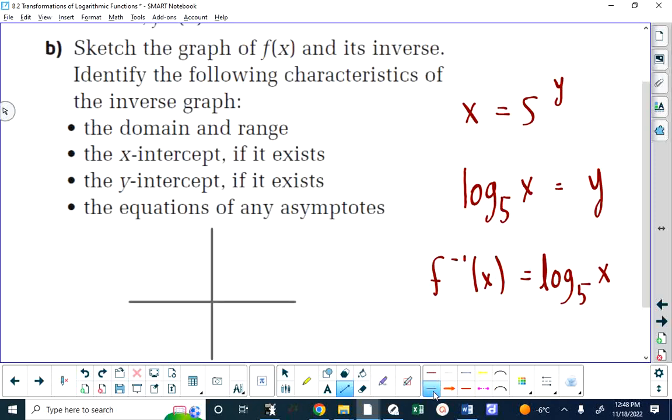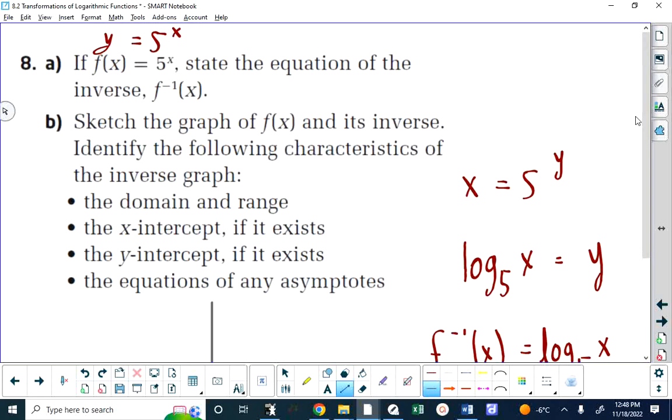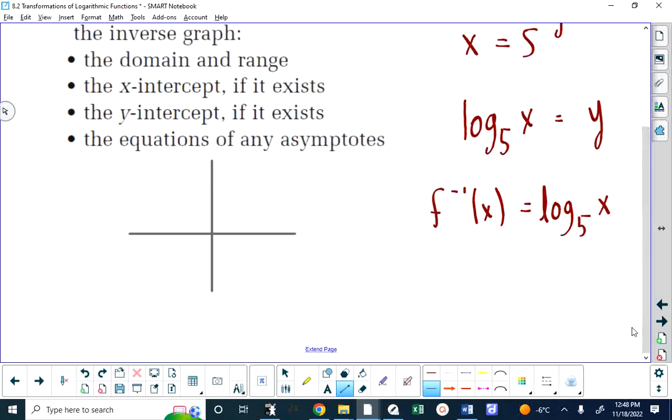In order for me to visualize what this function looks like, I go back to the exponential function at the top of the screen. Because I know y equals 5 to the x looks like this, very roughly, with a y-intercept of 1. And it happens to have a horizontal asymptote on the x-axis.